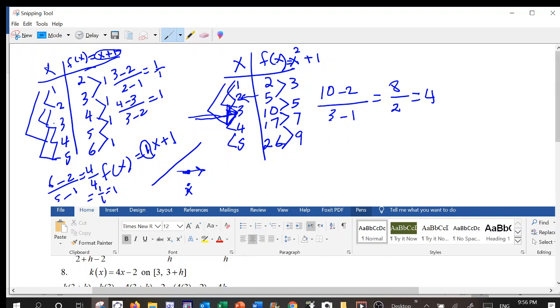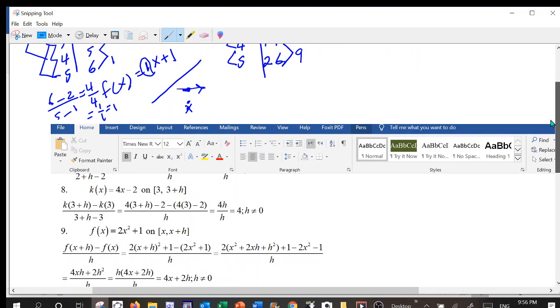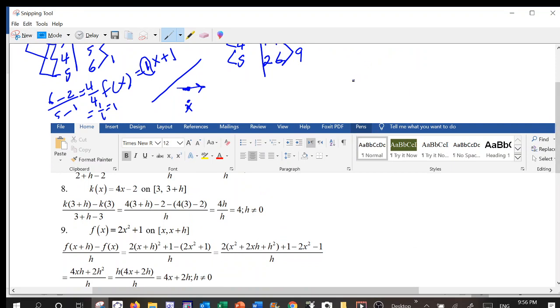Let me go down a little bit here. So the rate of a function, let's say we have a function, and this function is changing, just going up and down like that. Let's call that f of x. If I want to find, for example, the rate of change from a to, let's say, b, then all I have to do is find the y value here, which is f of a, and the y value here is f of b.